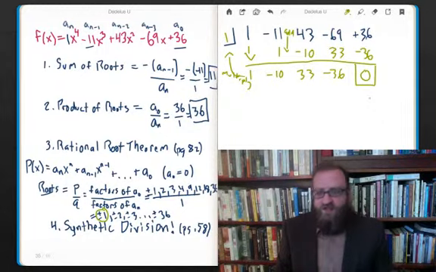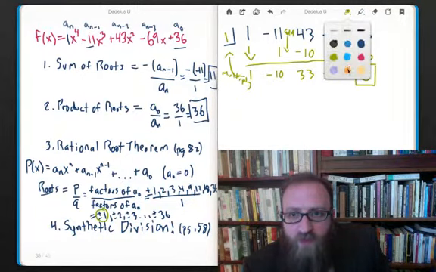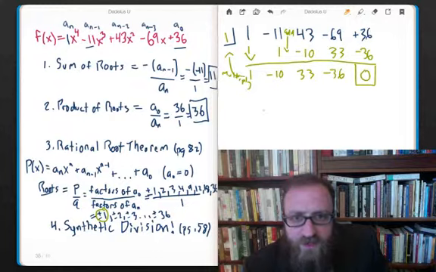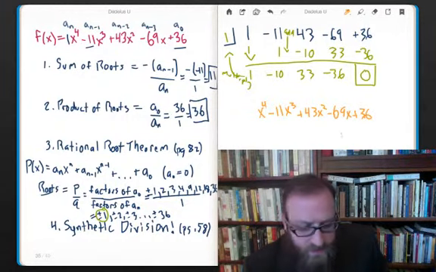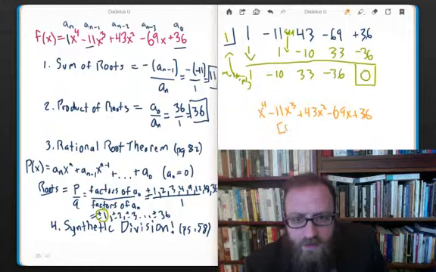Now, what does this synthetic division mean? I just want to point out that what we've really discovered here is that if we take this original big long function, minus 11x to the third plus 43x squared, this is called the dividend.